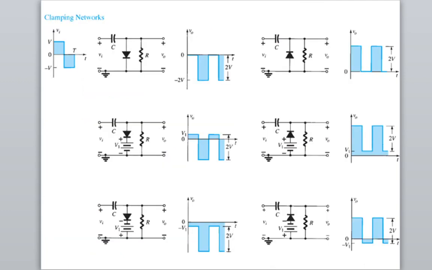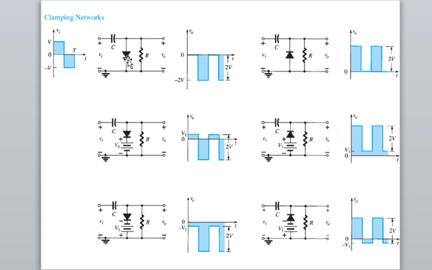Up to now I have explained the basic theory and one numerical problem, and how to find the output waveform in a few steps. Here I have mentioned a few more circuits. The input is a square wave, with a simple circuit given, and then the output. For the sake of understanding, I have shown 3 different circuits.